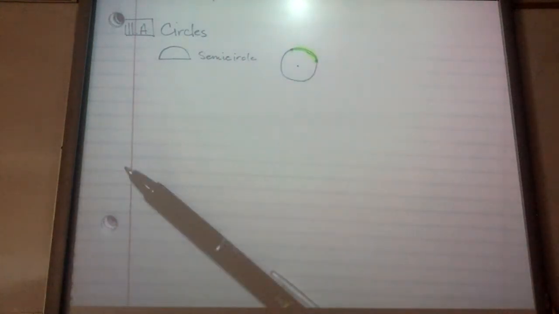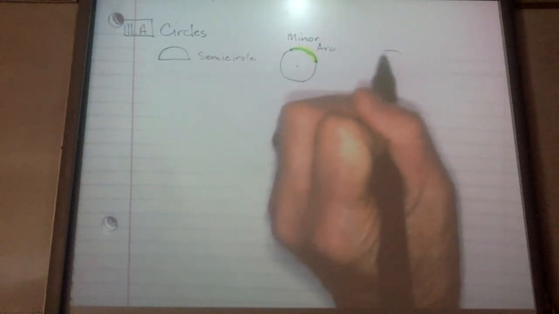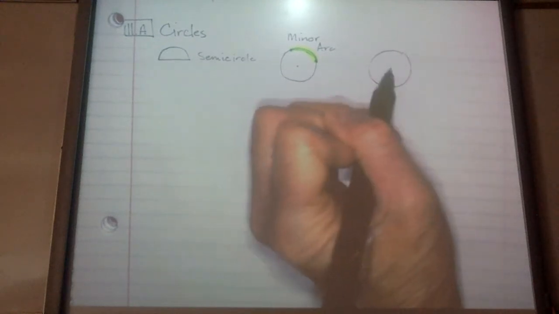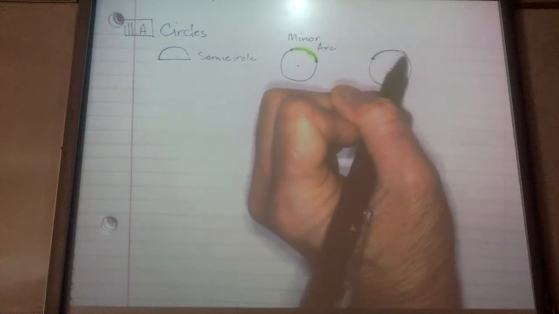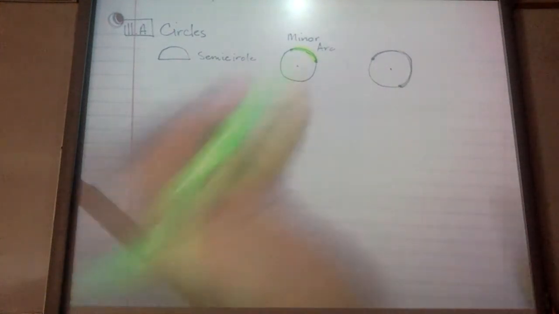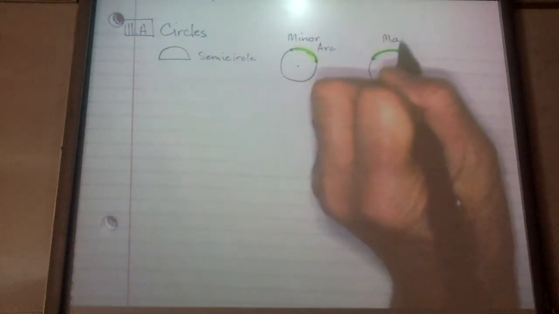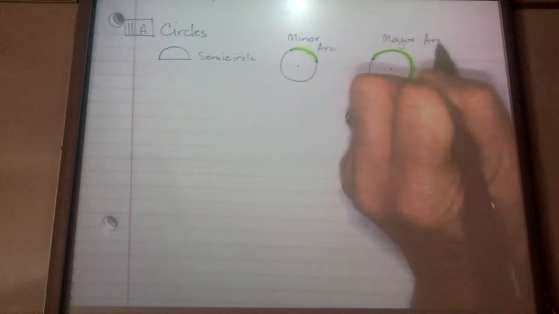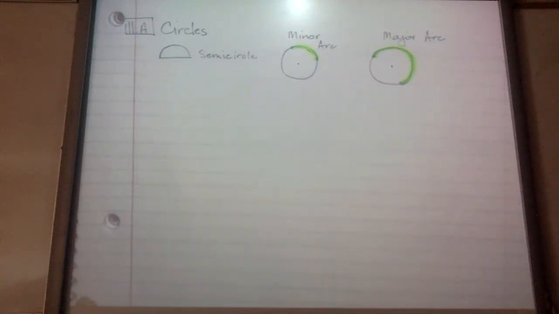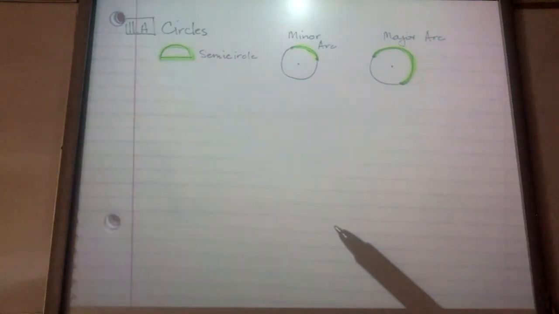So this would be a minor arc. And then the opposite of that would be a major arc, something that is greater. So that is 11.A, just going over some vocabulary. This would literally be half a circle, but instead of calling it half a circle, they call it a semicircle.